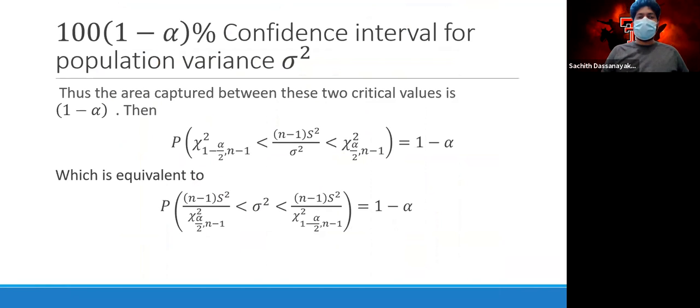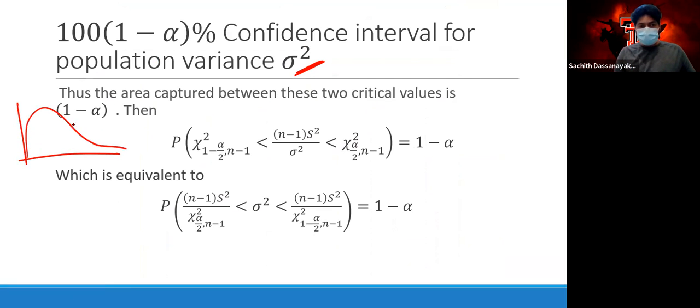How do we consider this confidence interval? 100 times 1 minus alpha percent confidence interval for sigma squared. So critical value is 1 minus alpha. If we need to get this, this is alpha over 2, this is alpha over 2.